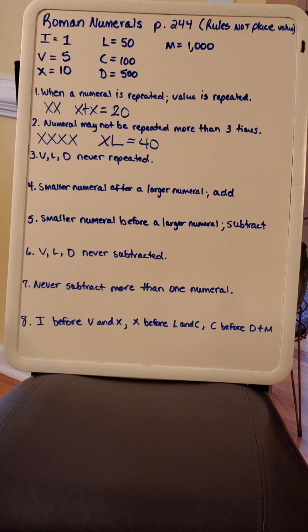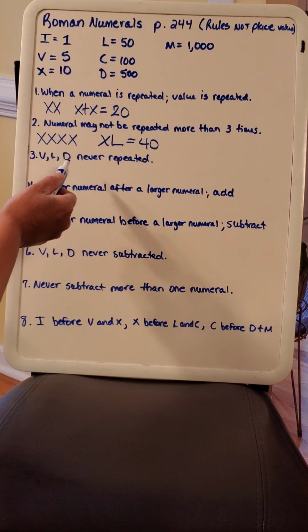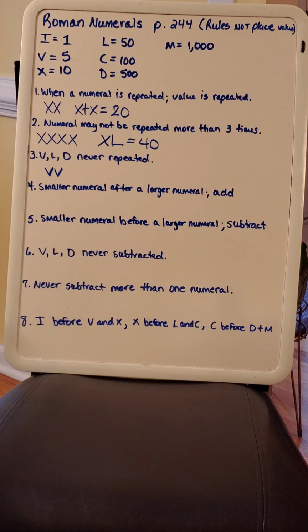Number 3, V, L, and D are never repeated. So you can repeat X, and I, and C, and M, but you do not repeat V, L, and D. So if we were going to write 10, we would not do V, V. So V, L, and D are never repeated.